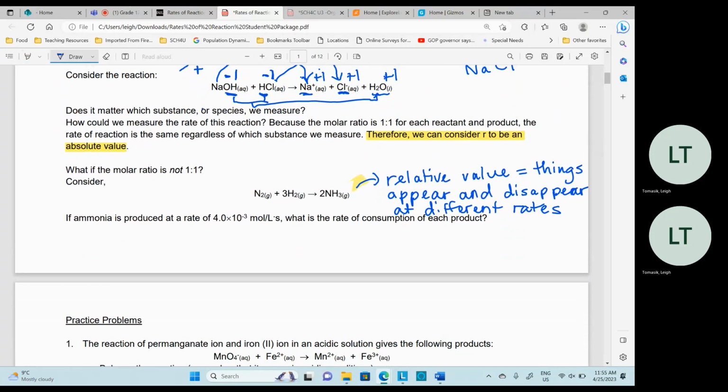Okay, so it says if ammonia is produced at a rate of 4.0 times 10 to the 3 moles per liter second, right? That's our unit. What is the rate of consumption of each reactant? So ammonia would be this molecule right here, NH3.